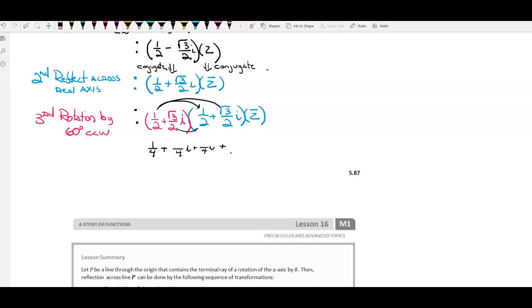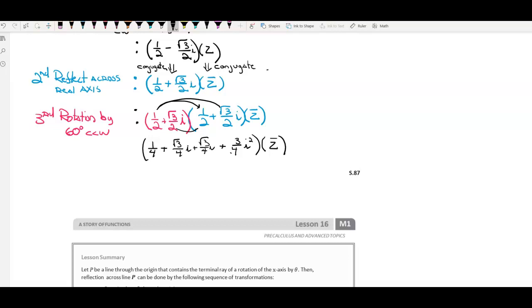My bad. Okay, no, that was right. Root 3, and now when I multiply these two out, I'm going to get root 3 times root 3, that's 3. 2 times 2, 4, i squared. Okay?